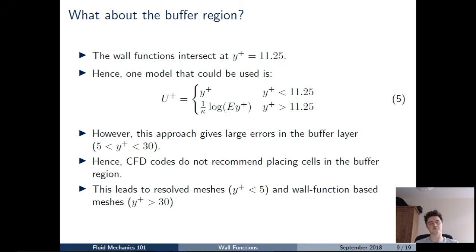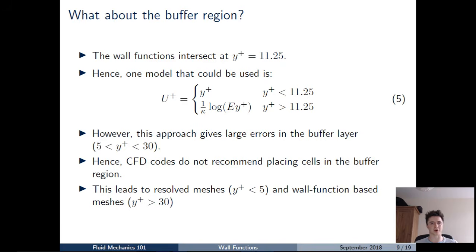And so the most straightforward approach would be to use a conditional if statement and say that u plus is equal to y plus if y plus is less than 11.25, or it's equal to the logarithmic variation if it's greater than 11.25.